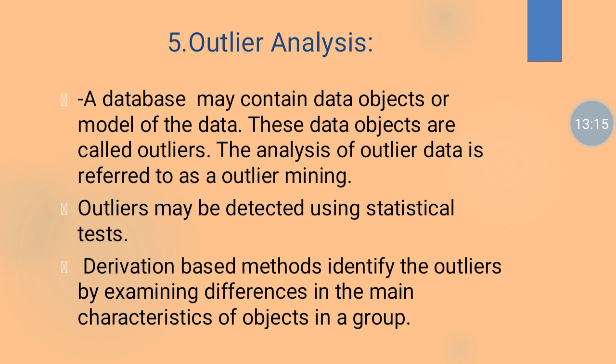The analysis of outlier data is referred to as outlier mining. Outliers may be detected using statistical tests, and deviation-based methods identify the outliers by examining the differences in the main characteristics of the objects in a group. So outlier detection is done by using deviation methods and also statistical methods.